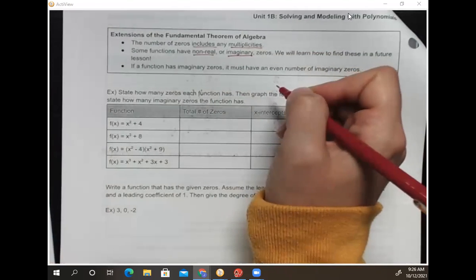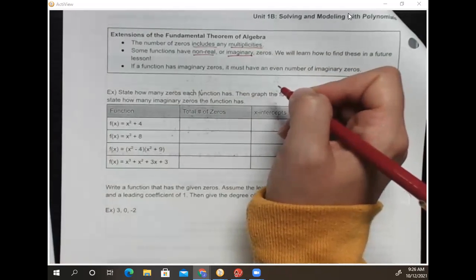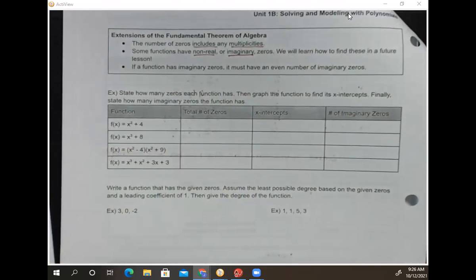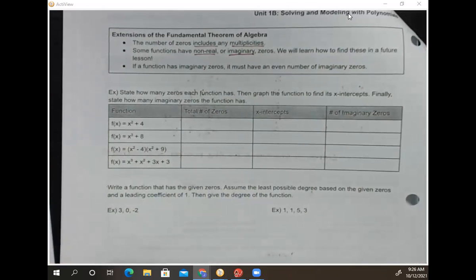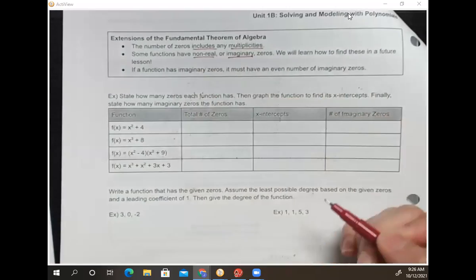So we're going to start talking about those tomorrow, but that's the discrepancy that we're seeing. When we had that mismatch between the degree and the number of x-intercepts, it's because some of our zeros we're not going to be able to see on the graph. We won't see them as x-intercepts. And that's what we're going to dive into tomorrow and the rest of this week. But that's where we're having issues.